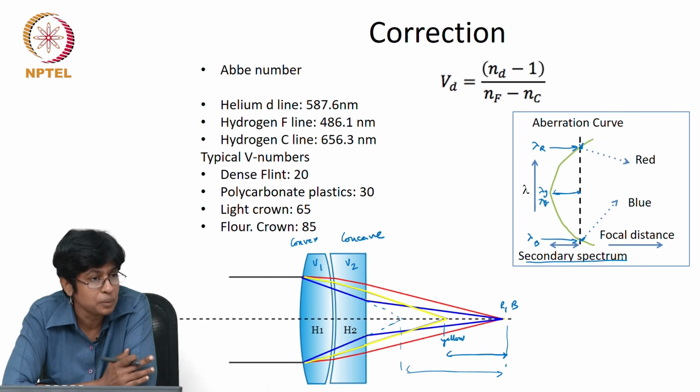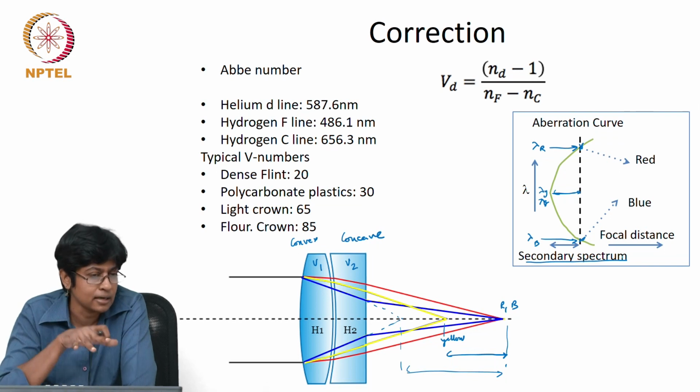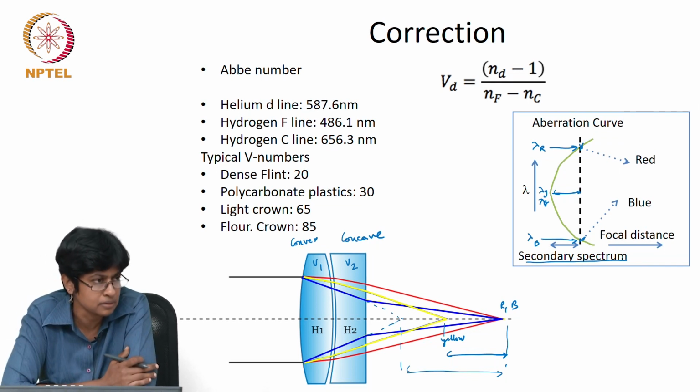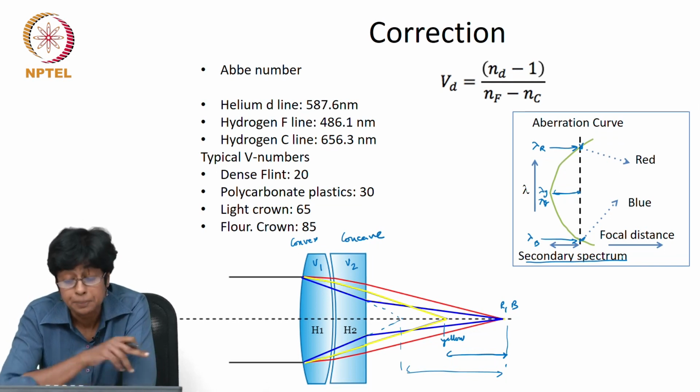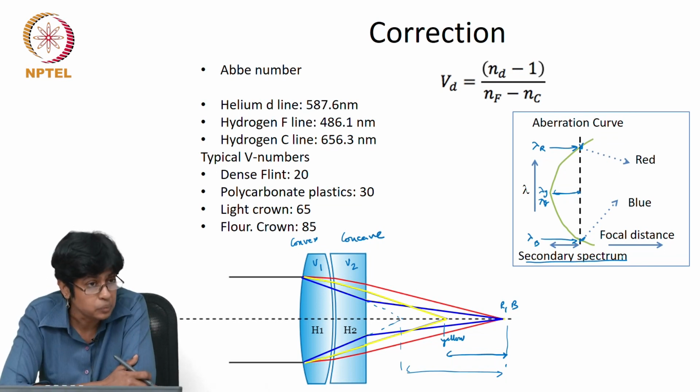At best, you eliminate them under certain conditions, and I'll explain what I mean in some detail over the next few slides. But you can get a sense of that in chromatic aberration. When we do correction, what you end up doing is actually correcting for some wavelengths, not all the wavelengths.